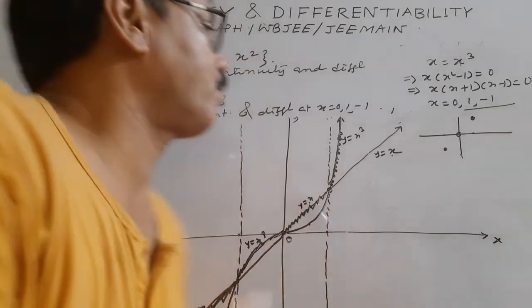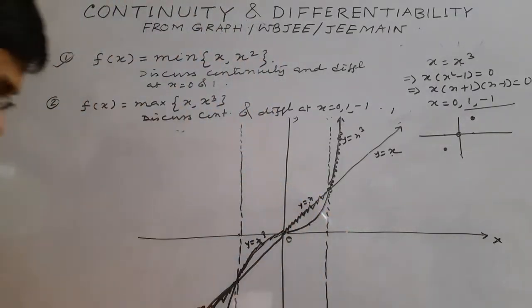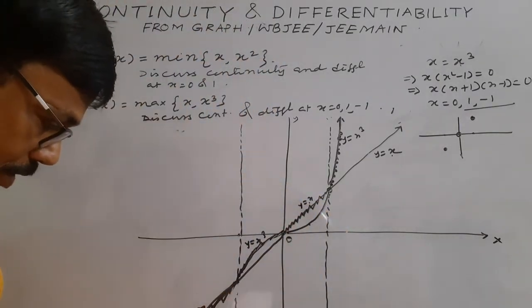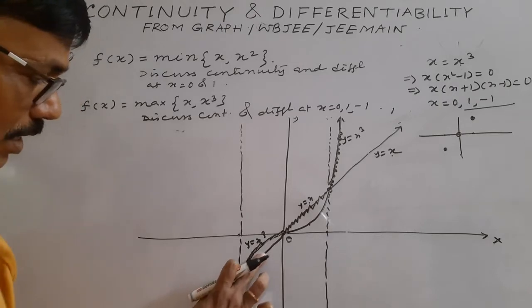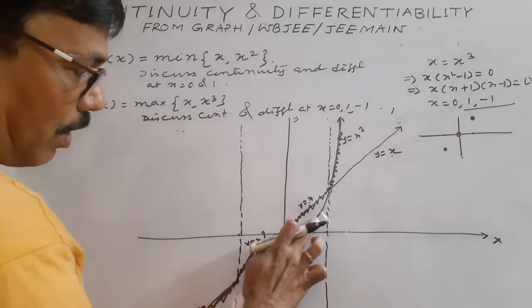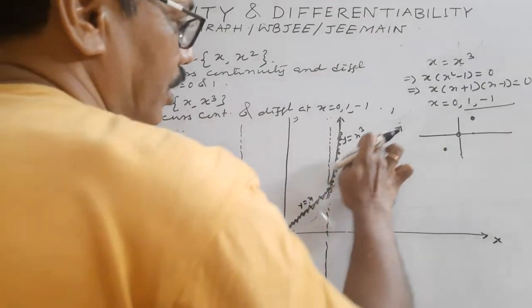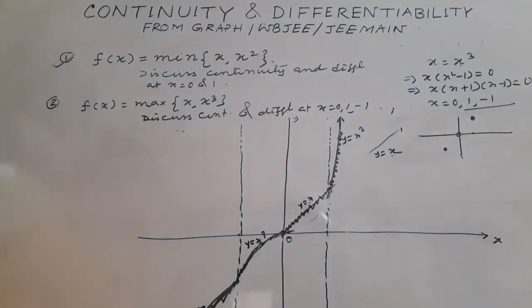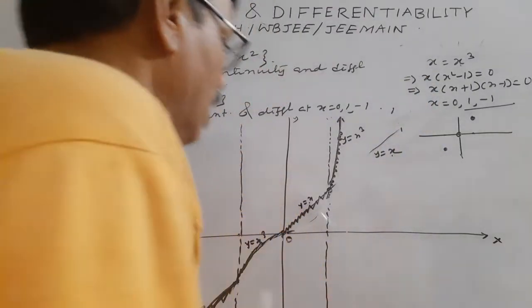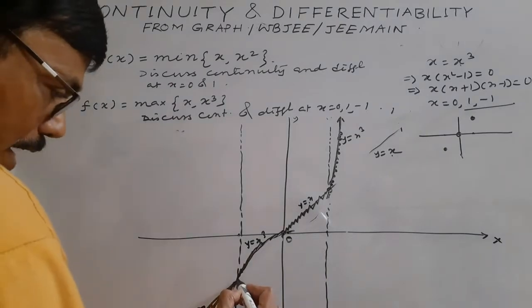Now what is the graph of the maximum of this? So this part is absent, this part is absent, and this part is absent. Now look, it has no break point.